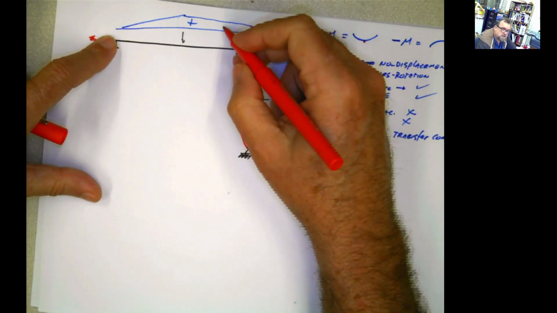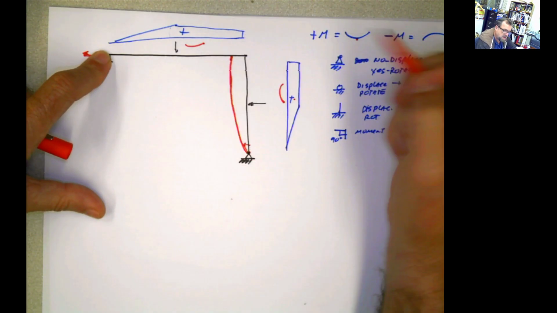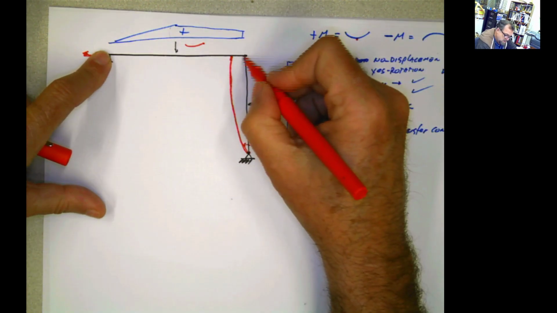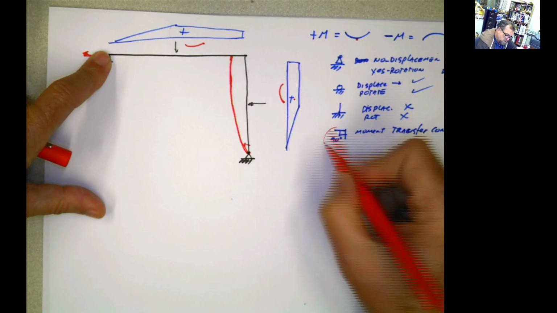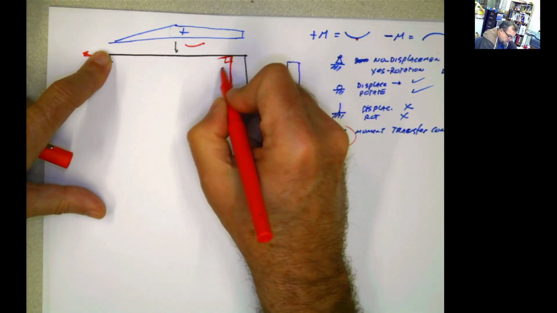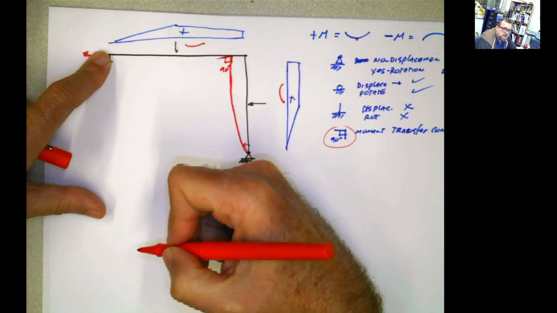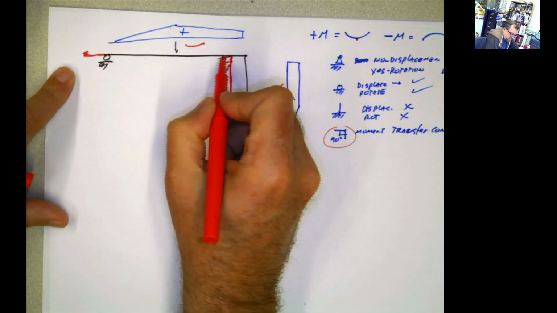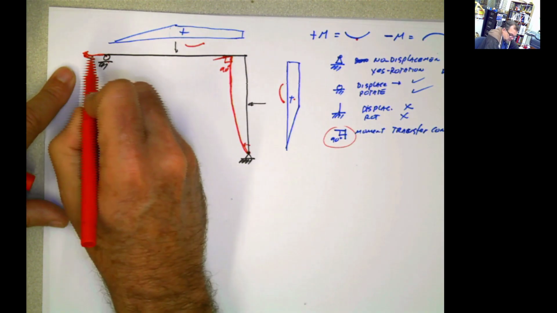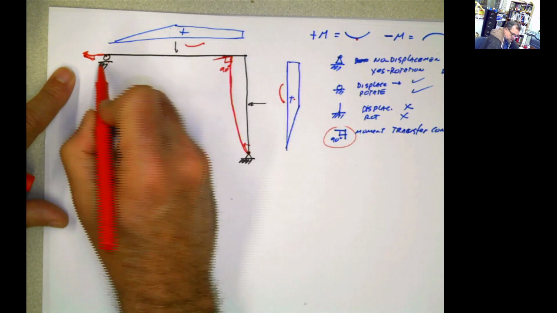This is also positive, meaning it's going to be a happy face like that. Because this is a moment transfer connection, if this was 90 degrees, this is going to try to be 90 degrees also here. And this is going to rotate, so that means that you can have a translation and a rotation, and it's going to be a happy face like that.